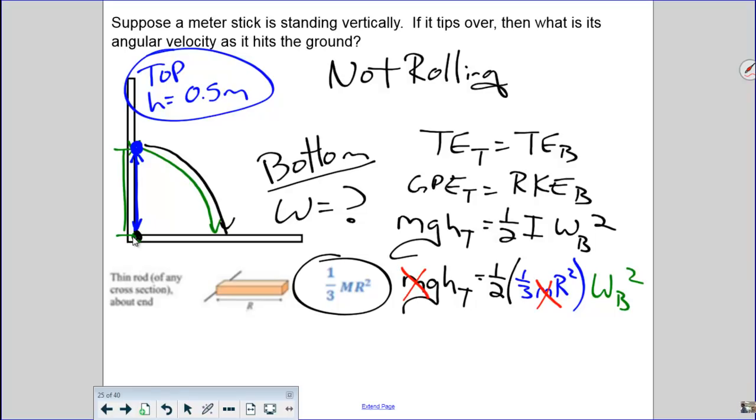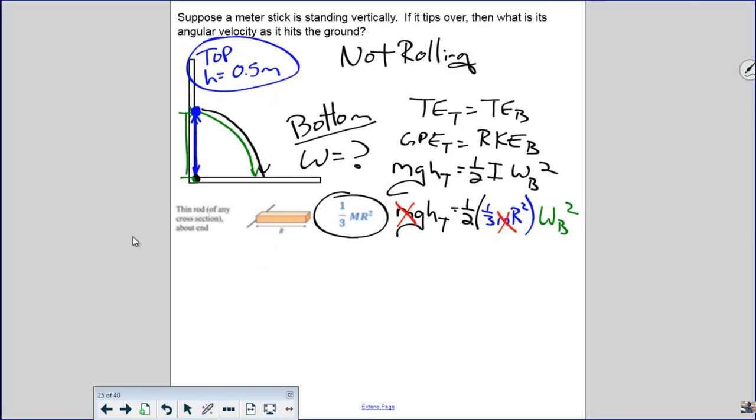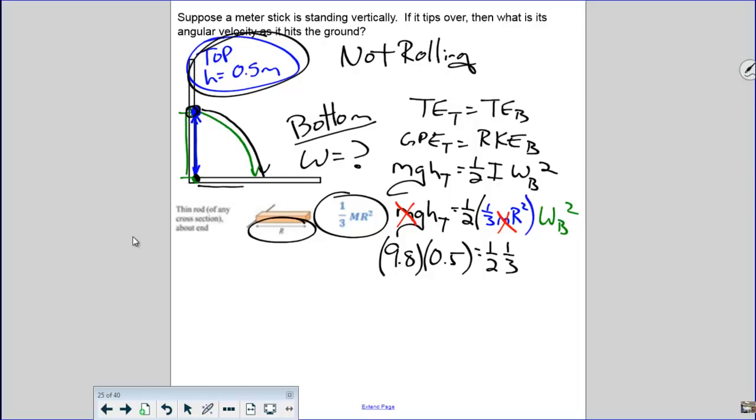Okay, so let's plug in our numbers and see what we get. We're going to get 9.8 times the height at the top, which we decided was 0.5, and that's got to equal 1/2 times 1/3 times r squared times omega at the bottom squared. Notice r is the total length of the meter stick, which is 1 meter. Don't forget to square it.